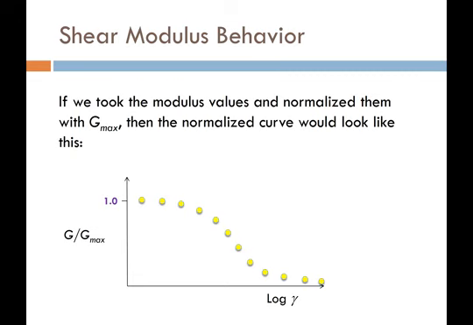These curves then have a special name. We call them modulus reduction curves, and we use these curves when we want to predict the stiffness degradation behavior of the soil with cyclic shear strain.